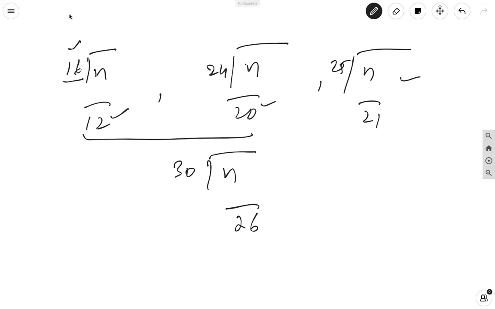The final question: what is the minimum value of n? Was there any sort of range given? No. The question is, what is the minimum value of n? Just try to solve this question. This is a very interesting question.